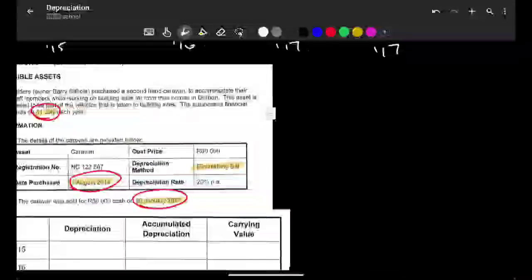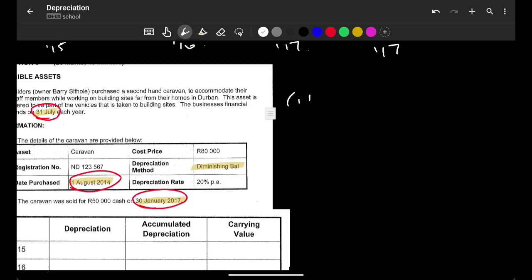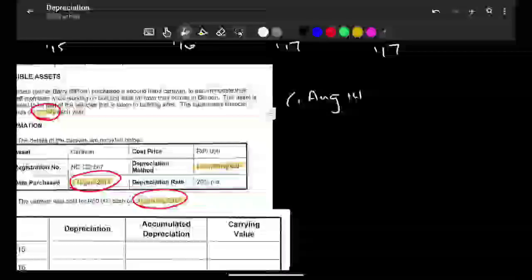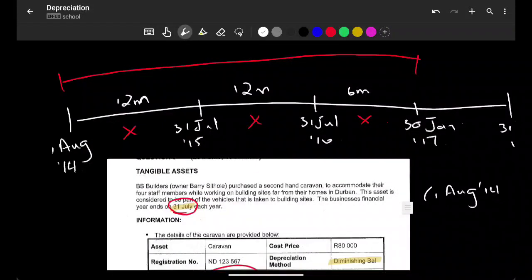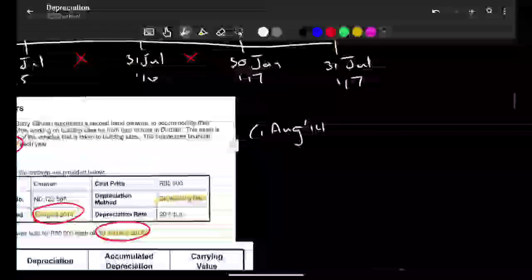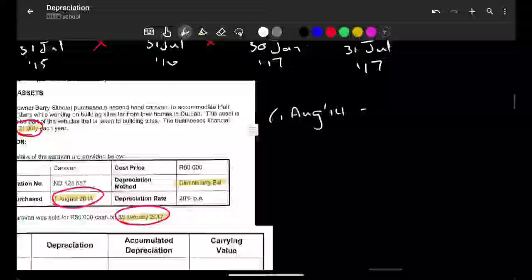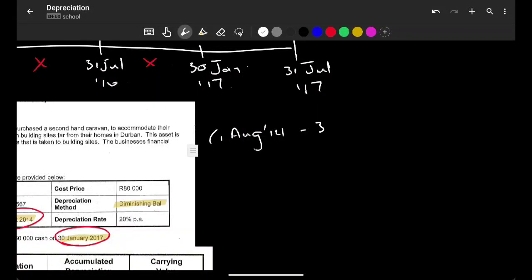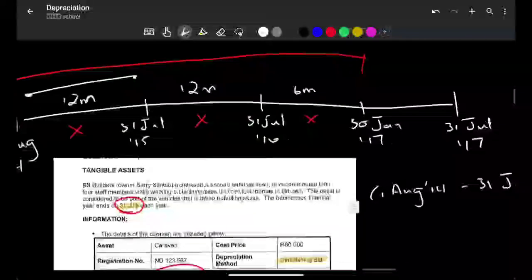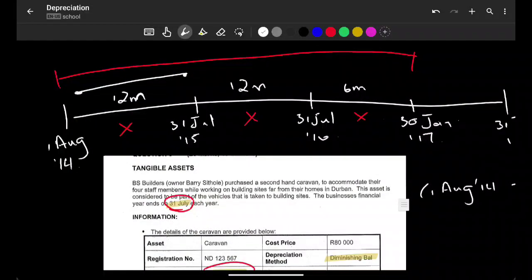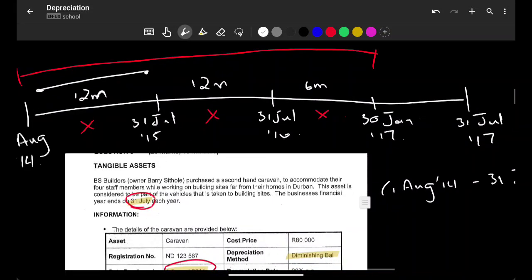Our depreciation from the 1st of August 2014 up until the 31st of July 2015. Remember, this is our first year. We've bought the asset. There's no accumulated depreciation up until that point.